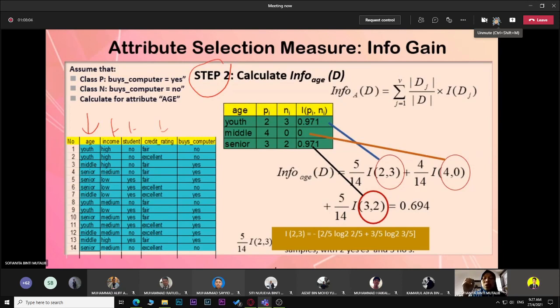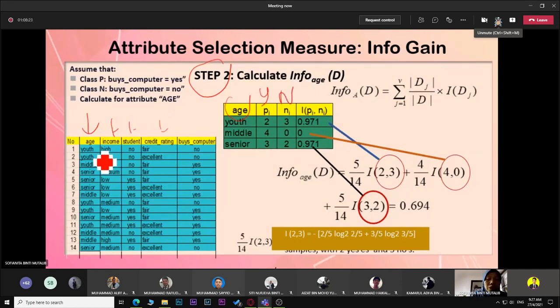Firstly, look at the first attribute, which is age. How many values does it have? It has youth, middle, and senior. Each has counts belonging to yes and to no.